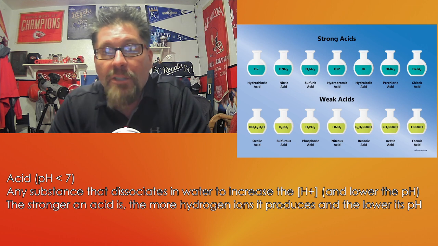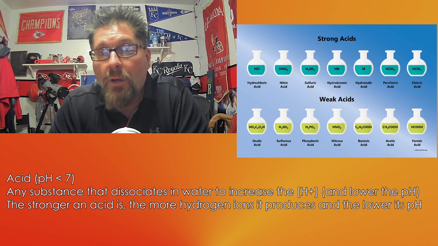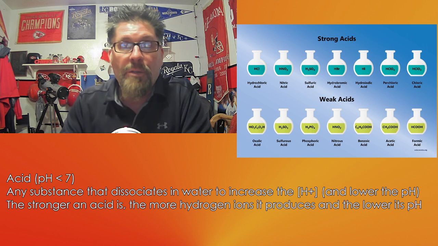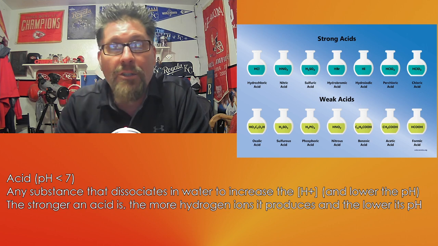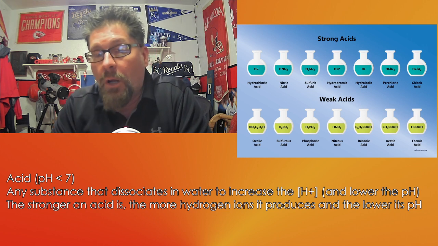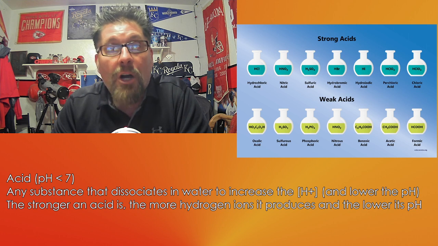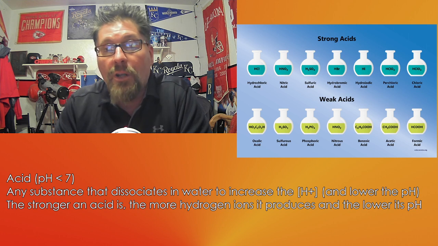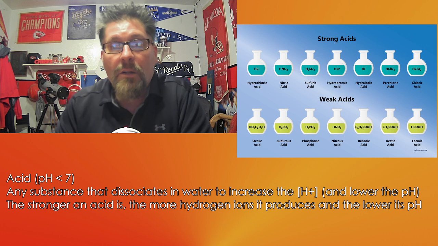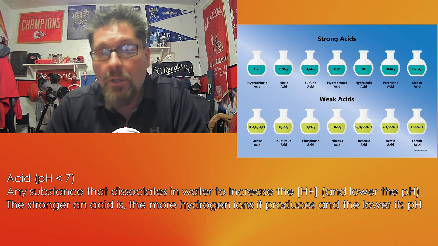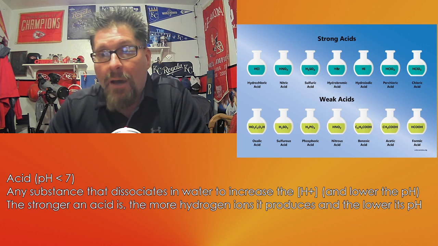Acids are the hydrogen portion of a water molecule, and they will reduce the pH. So the more hydrogens you have, the lower the number. And again, it's a concentration amount. The stronger you are as an acid, the more hydrogens you have.